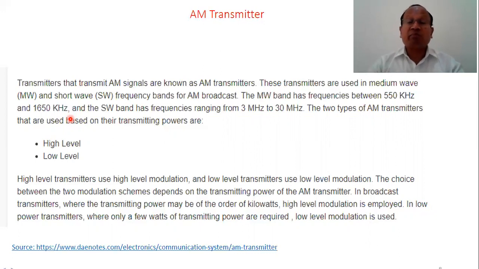If you see the radio station, the radio sets which are used, the broadcast radio, which is very popularly used for broadcasting news and other items, especially to rural and suburban areas, you will find that the range of frequency in that application is the AM broadcast range, medium wave range that extends from 550 to 1650 kilohertz, right?